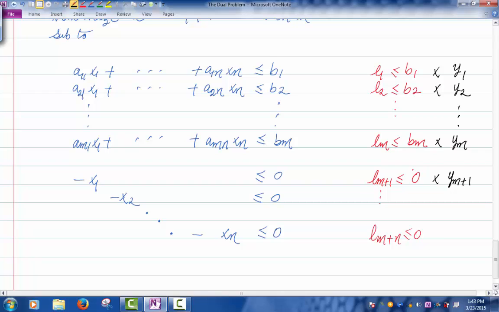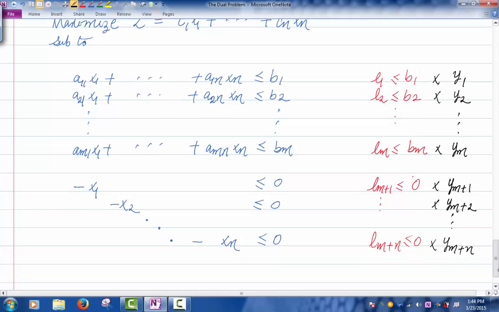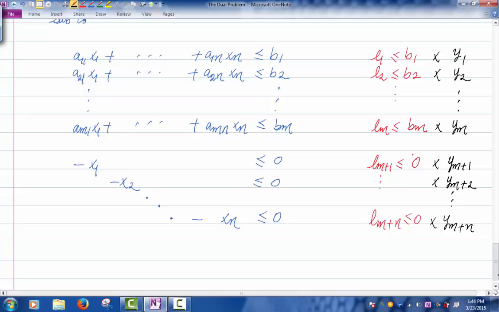Multiply the first non-negativity constraint by ym plus 1, and the second one by ym plus 2, and dot dot dot, the last one by ym plus n, right? You agree? And so what's the idea? That if I multiply them this way, then when I add them together, what do I get?